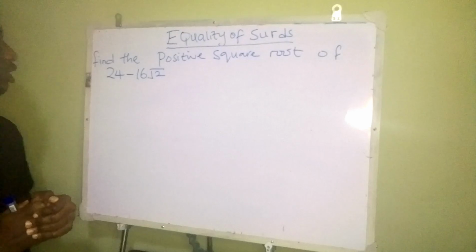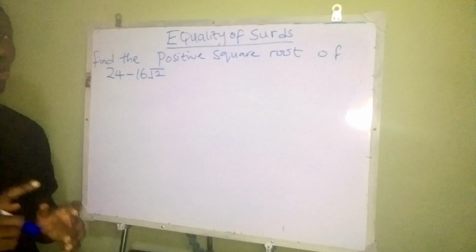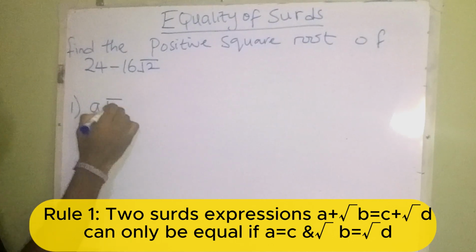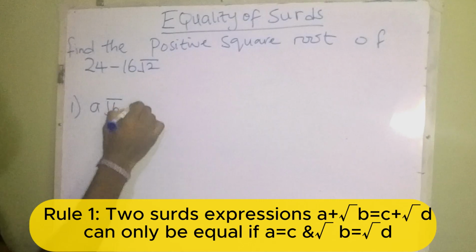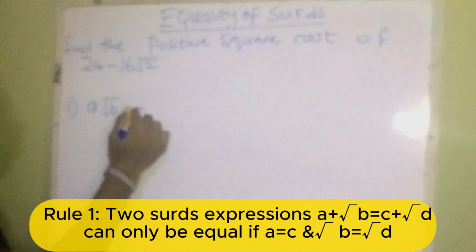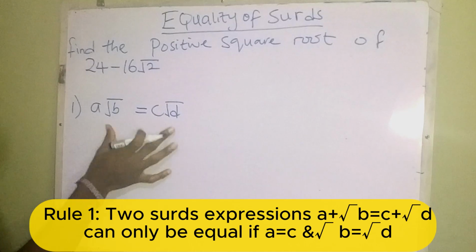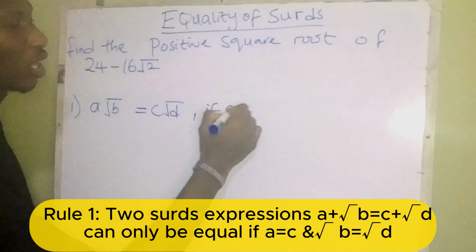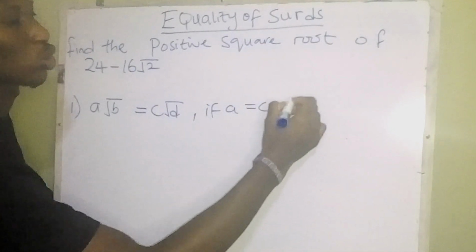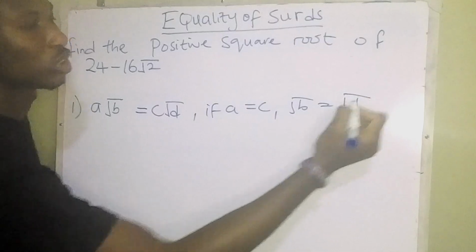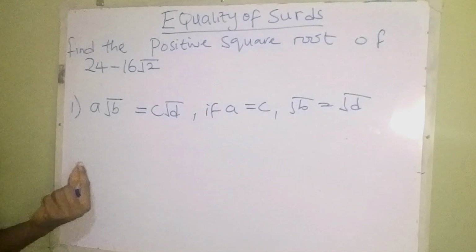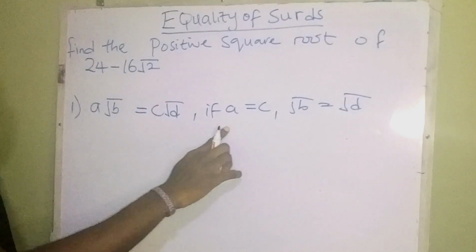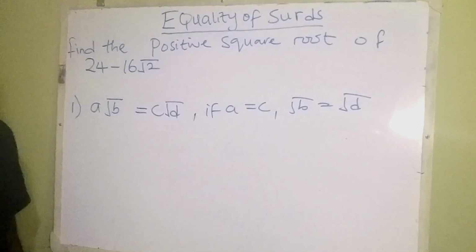The first rule states that if I have two surd expressions, a square root of b, which is equal to c square root of d, they can only be equal if a is equal to c and square root of b is equal to square root of d. This is what the first rule says.